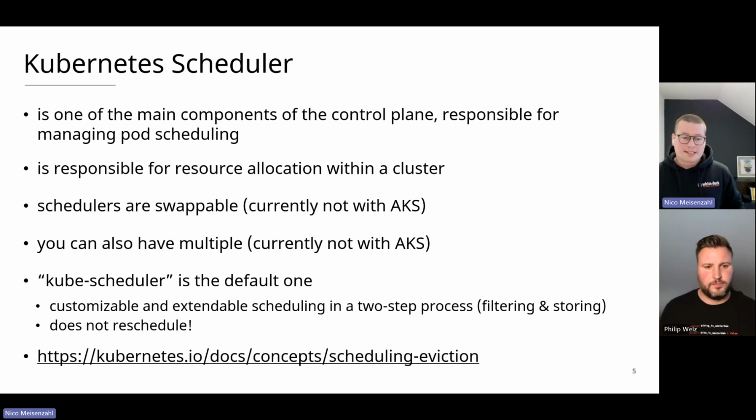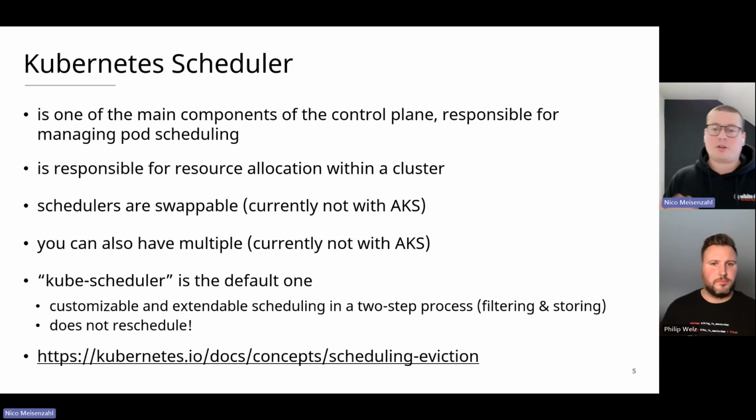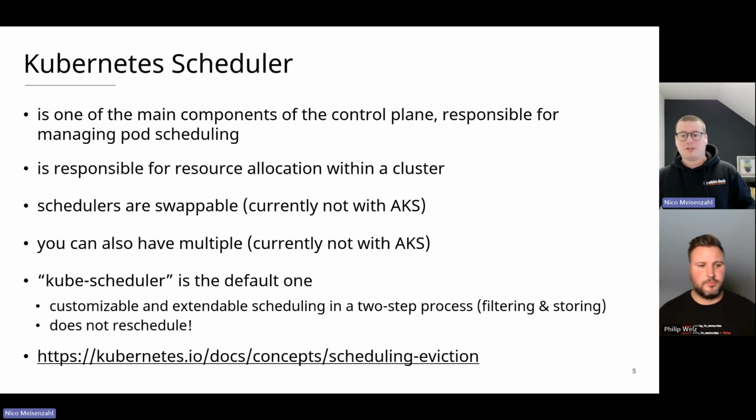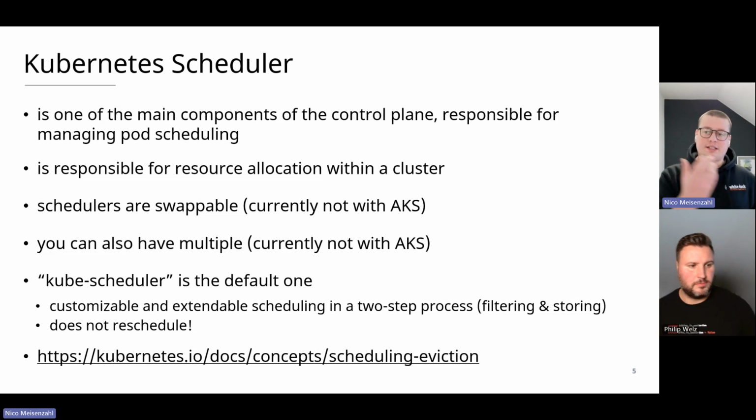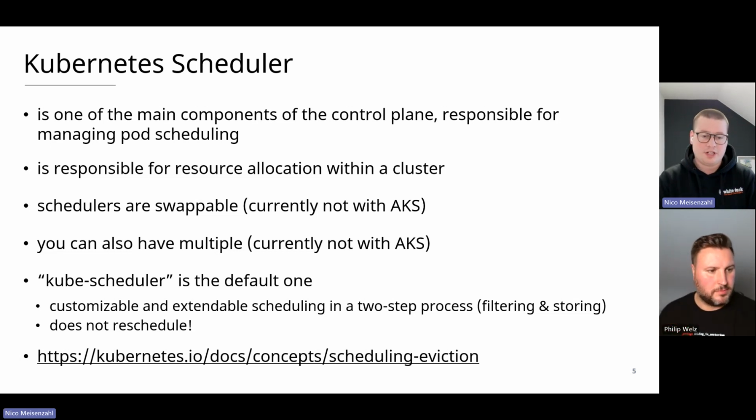First step, Kubernetes scheduler. So basically, when we're talking about Kubernetes, running containerized workloads, scheduling pods, and so on, we need a part of the Kubernetes cluster that does all the scheduling. The Kubernetes scheduler lives in the so-called control plane and is responsible for managing which pod gets scheduled on which node.